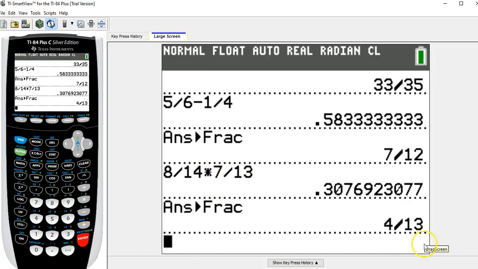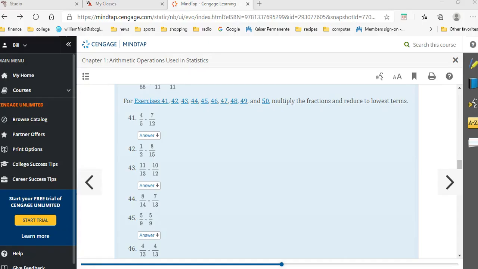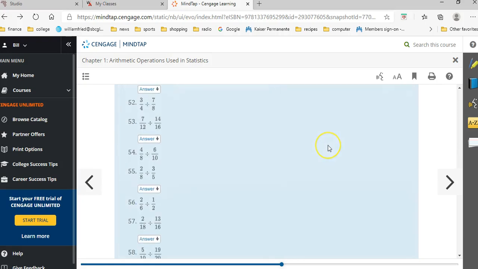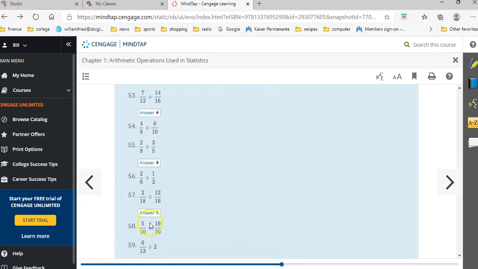For division, there's one other thing I would say about division. Let's take this example here, which is, let's say, 5/10 divided by 19/20. For division, I have to put parentheses around each of those fractions.